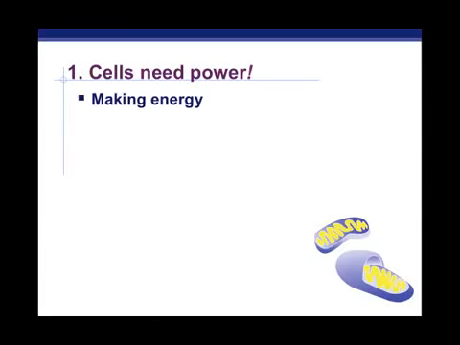So cells need power. Without energy, it's like your iTunes or your iPad or any of your telephone. Without those being charged, your battery being replaced, they die, right? So it's the same thing with cells. They need the power in order to survive.